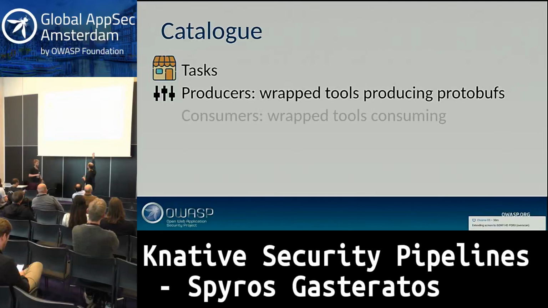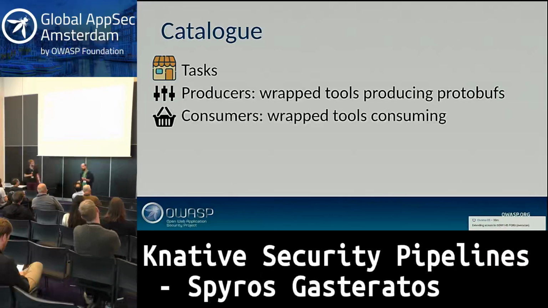Producers wrap tools that dump protobuf things, and consumers wrap tools ingesting protobuf messages from producers. Because we have a place in the registry where people can look at the list of producers we support and the list of consumers we support, they can mix and match easily.